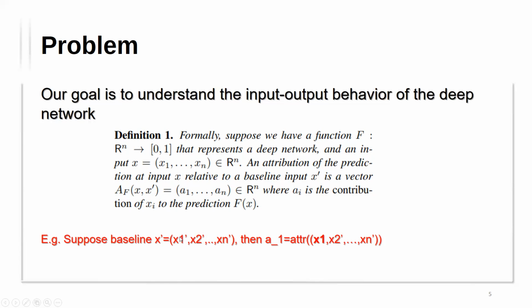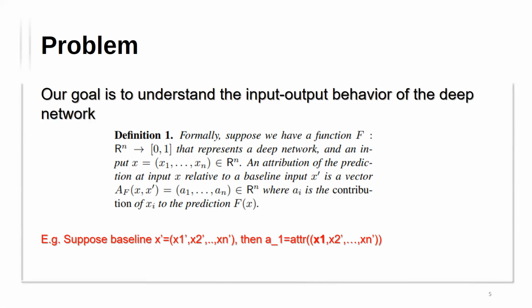So for example, suppose the baseline is x1 prime, x2 prime to xn prime. Then a1 would equal the attribution of x1 and x2 prime to xn prime. That means we only replace the xi to the input, and the other variables would remain the same as the baseline.